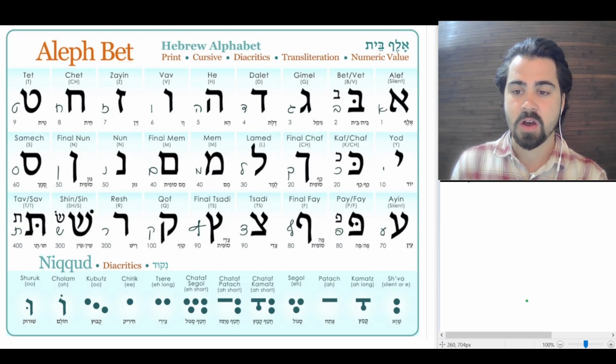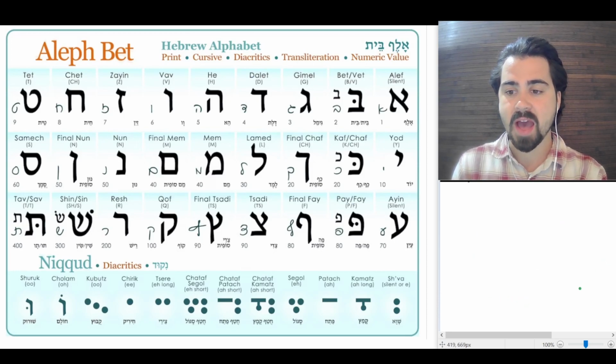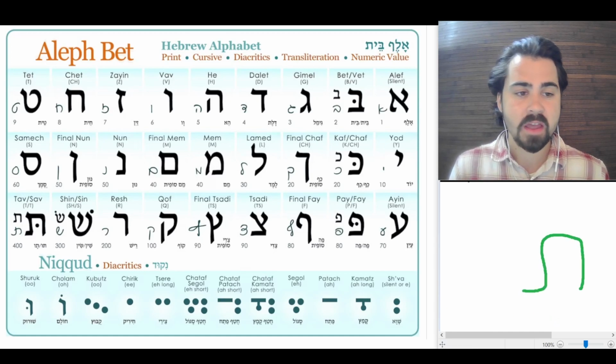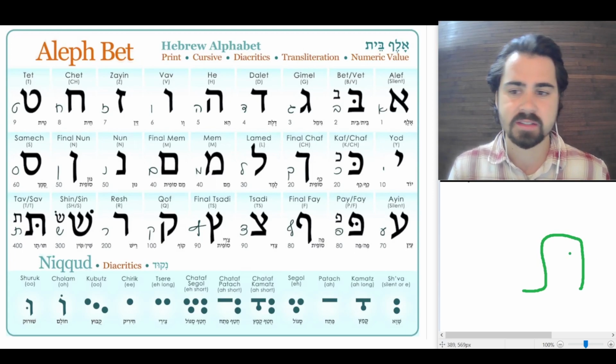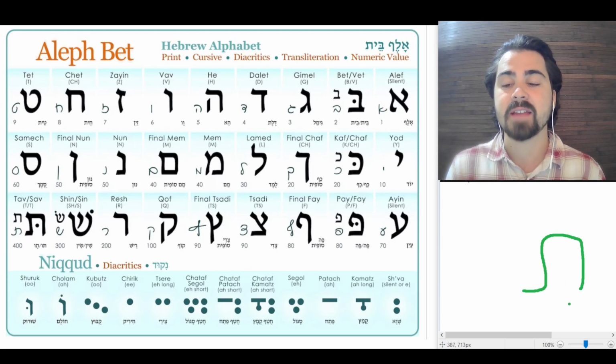Perfect. Okay, and the last letter we have is letter taf. Here it says that there is an option to be sav, but that's not the case, at least not nowadays, so you can disregard that. This is simply the letter taf.